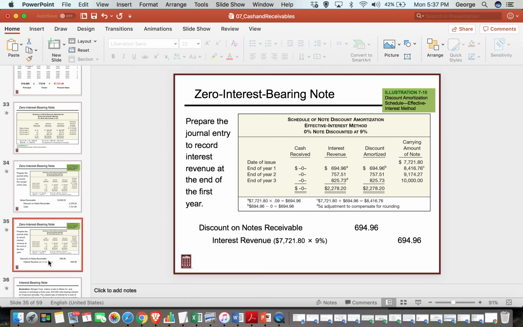In the first year's journal entry, we record interest revenue of $694.96, and we debit discount on notes receivable for $694.96. Notice that we don't debit interest revenue, because we got interest revenue down here, so we have to debit it to something: the discount on notes receivable. That shows that the carrying value of the note increased from $7,721.80 to $8,416.76.